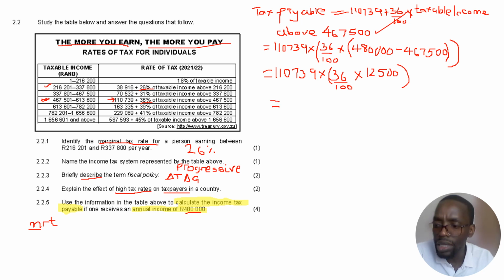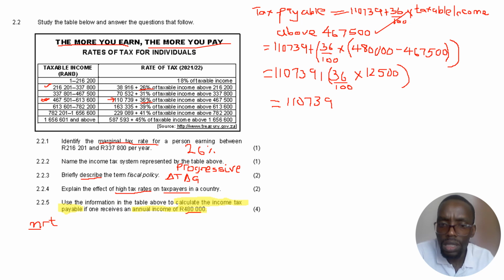It would now mean that your answer is 110,739, not multiplied by, but plus. This one is a plus here, that one is a plus there.